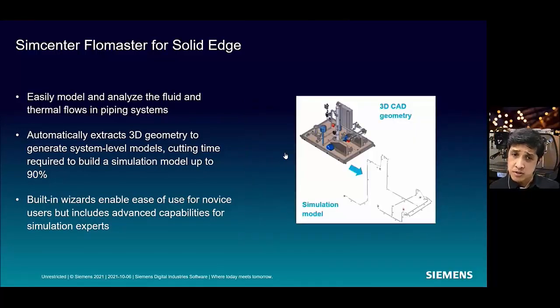From your 3D model, the workflow automatically generates a 1D fluid simulation model, like the line diagram you see here. This alone can save up to 90% of the time typically needed to manually build the simulation model, and is where the biggest value lies.